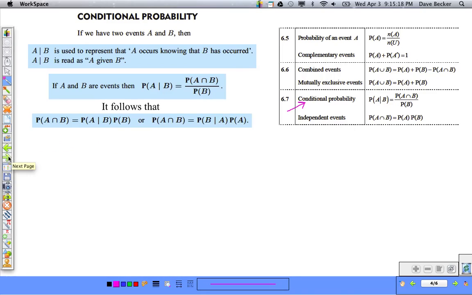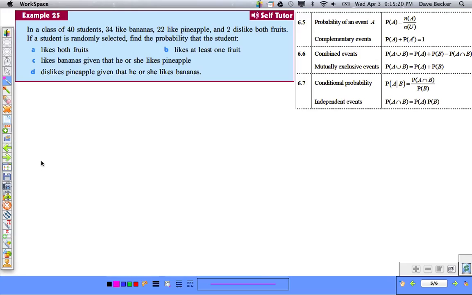Okay, so let's take a look here. In a class of 40 students, 34 like bananas, 22 like pineapple, and 2 dislike both fruits. If a student is randomly selected, find the probability that the student... Okay, well, we're going to need a Venn diagram here to figure all this out.